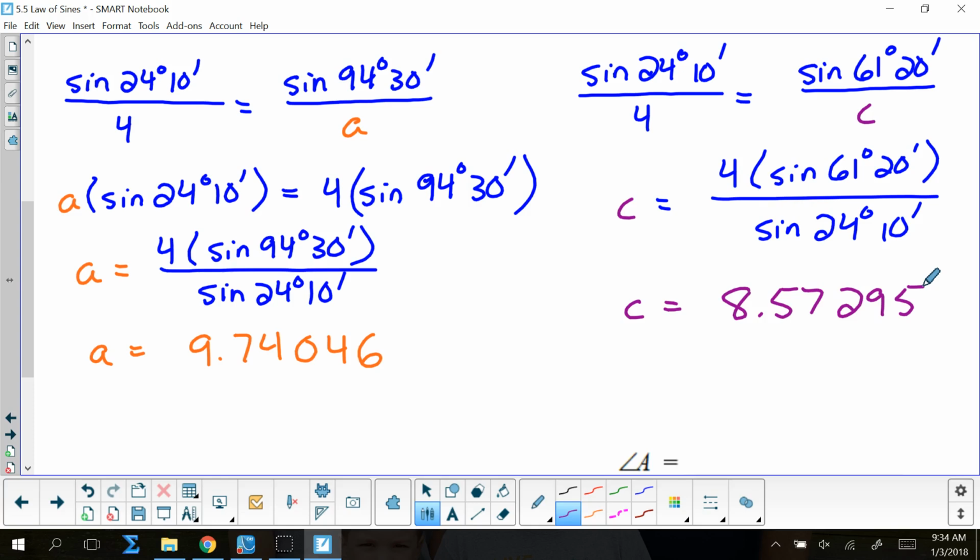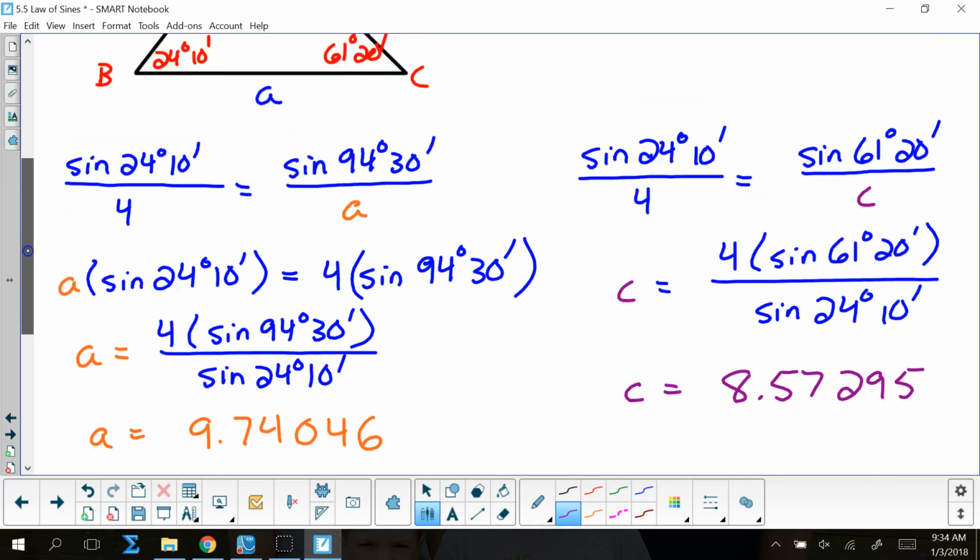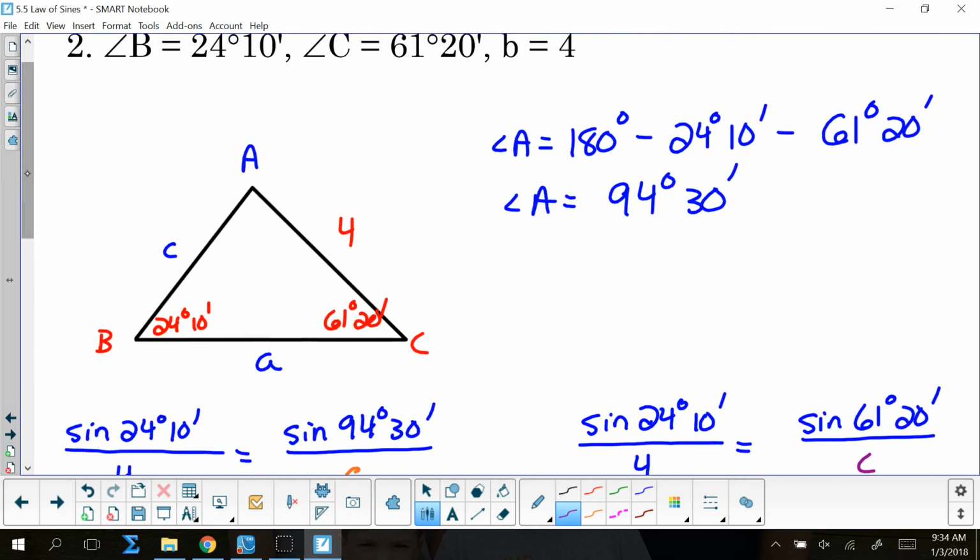Logically speaking, based off of this triangle, which angle is the largest? What's the biggest angle? Angle A, right?